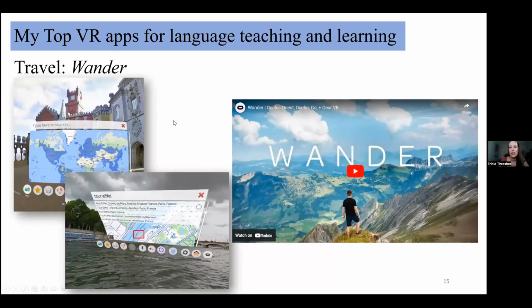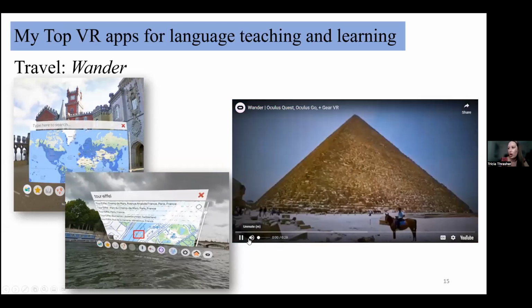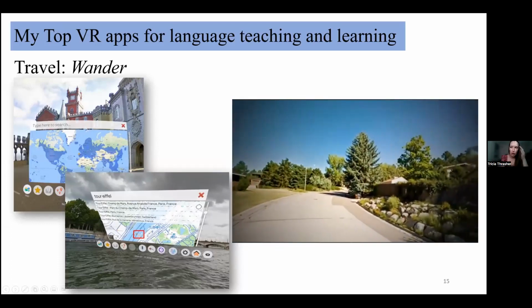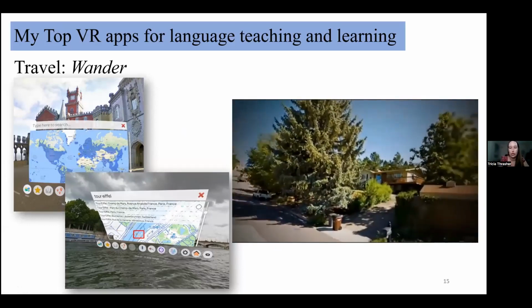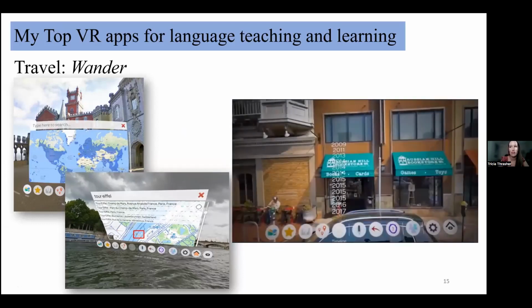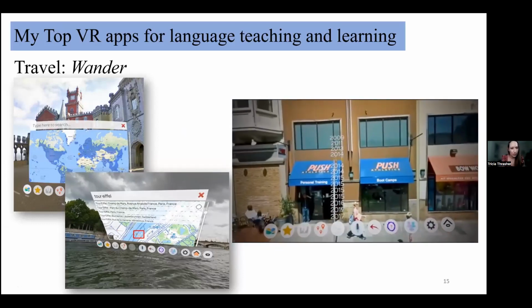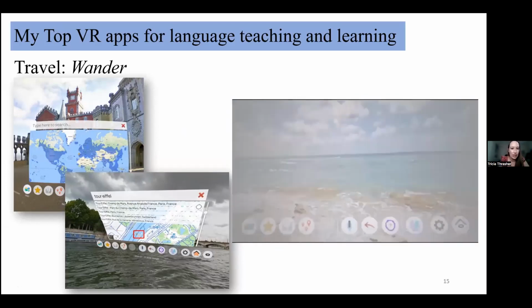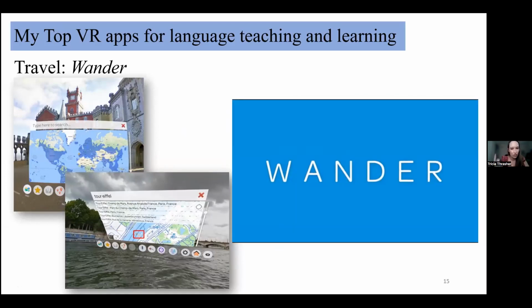And then this is Wander. So here you can just see what it looks like. Some interesting things with Wander are that you can go anywhere, but what I really like about it is that students can actually do tours together. So what I've done with students before is have them in Wander, exploring different cities together and having to describe what they're seeing, or give a tour of that city to their classmate, and they can actually hear each other and talk to each other in real time.